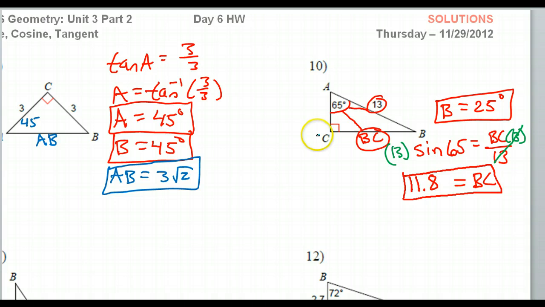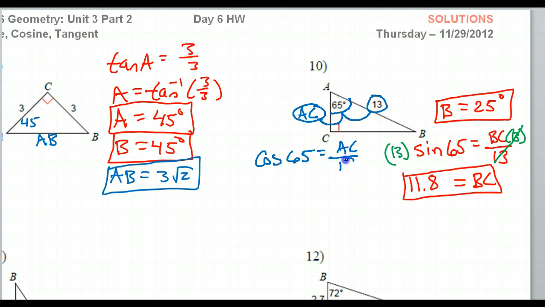All right, that's BC. How about AC? Well, here's AC over here. So looking at the 65 and the 13 and the AC, this is adjacent and this is hypotenuse. So that is going to be the cosine function. So we will do cosine 65 is equal to AC over 13, adjacent over hypotenuse.